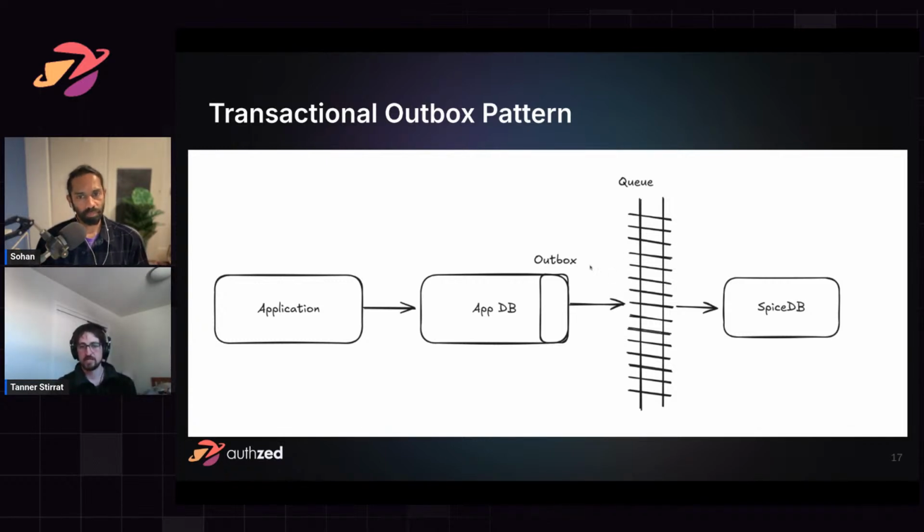And then we had some mechanism that picked things up out of the outbox table and moved them into the durable queue. In our case, it was Debezium looking at the outbox table, and then writing to Kafka. And then we had a consumer that read off of the queue and then wrote into SpiceDB.